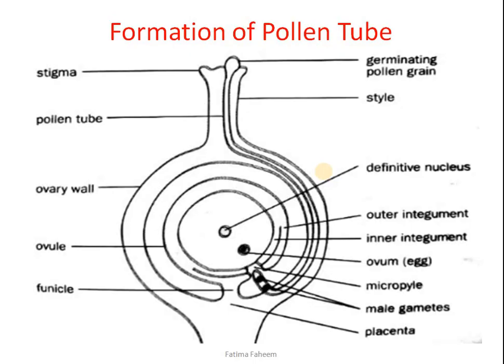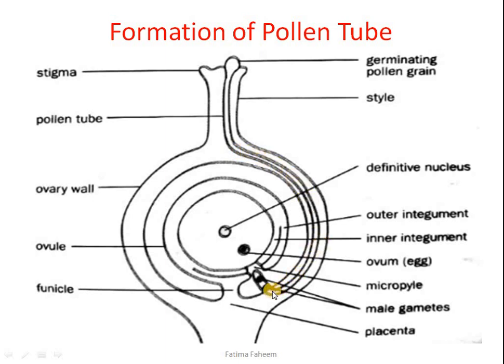Here in the diagram also, I have tried to show you the structure where the stigma will receive the mature pollen grain. This pollen grain will start to germinate in response to the sugary fluid or the secretion produced by the stigma. The pollen will start to generate this pollen tube, which will also release some digestive enzymes which will digest the tissue of the style and keep going inward all the way from the style into the ovary.